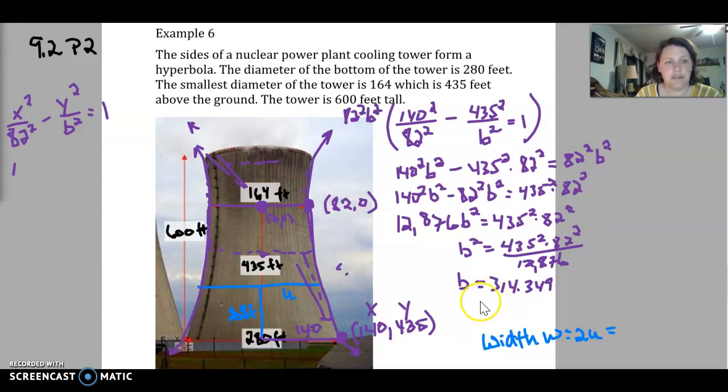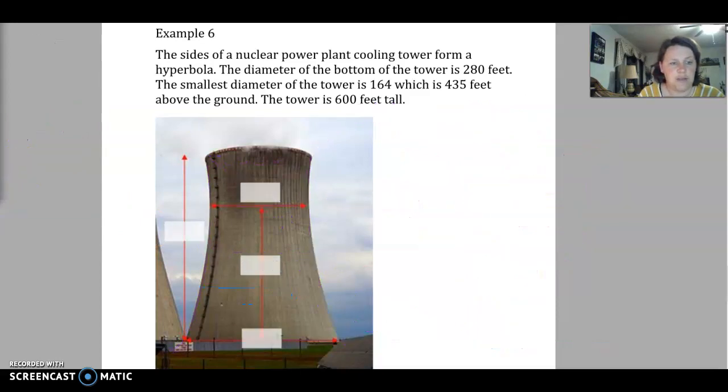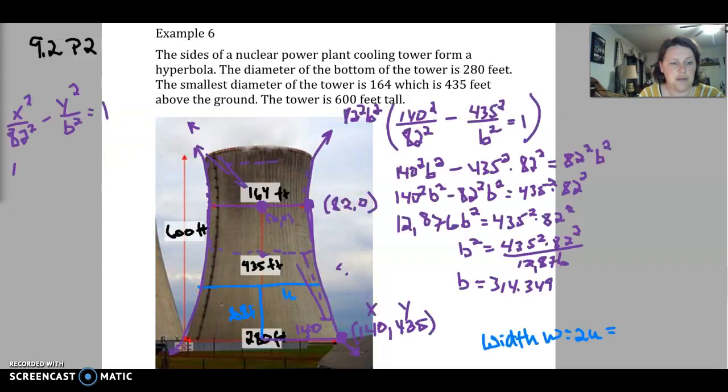So now I need to rewrite our equation. Now that I know exactly what my equation is, oh, that is not what I wanted. Come back. Whew. Just want to erase that. Okay. So now I have x squared over 82 squared minus y squared over b squared, and I am going to put the b squared value in there because I think it's a better estimate.